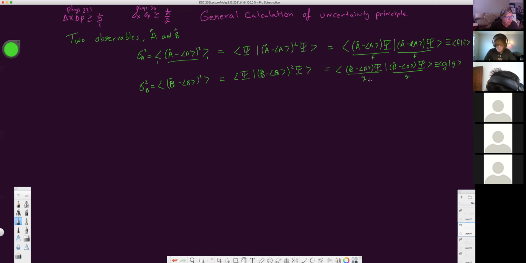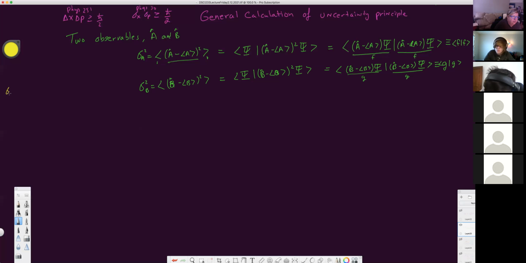All right. Now, back in quantum 1, you may remember there was a problem. Maybe we didn't do that problem. I can't remember exactly, where we proved what's called the Schwarz inequality. And that looks like this.